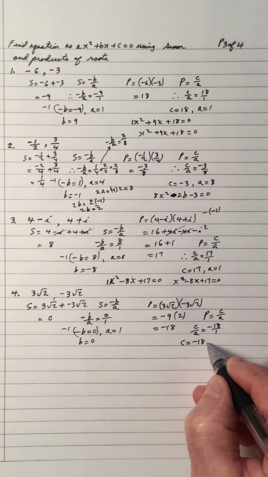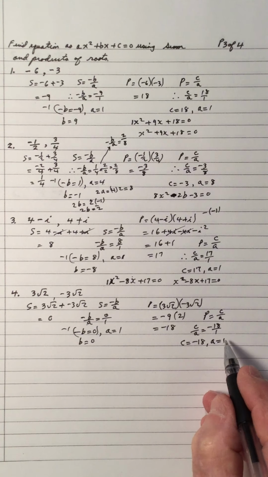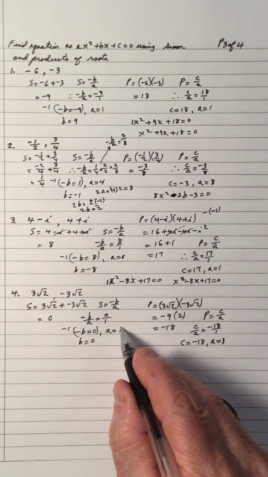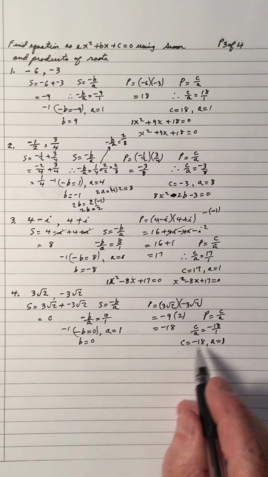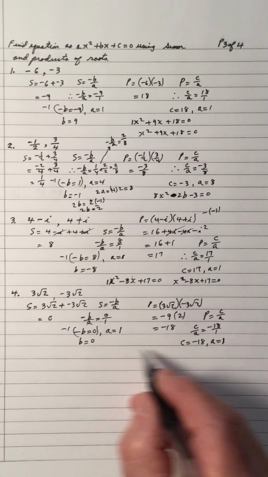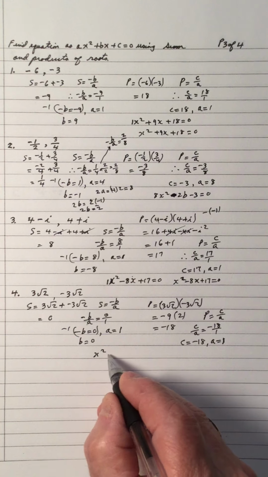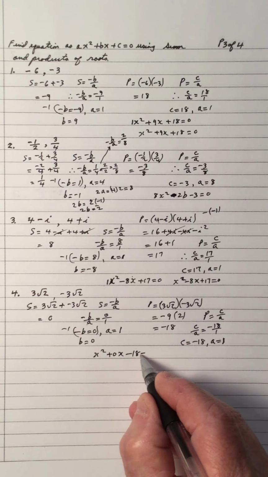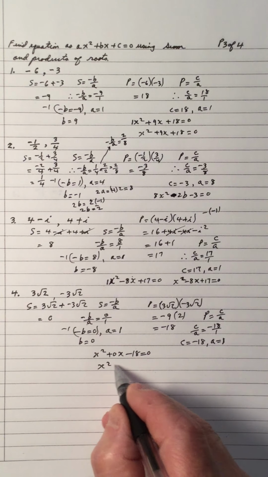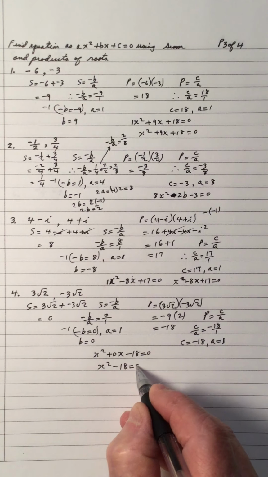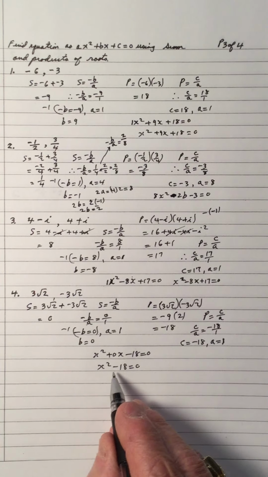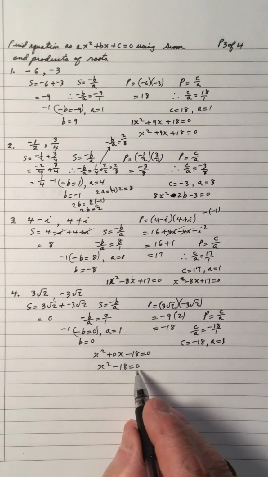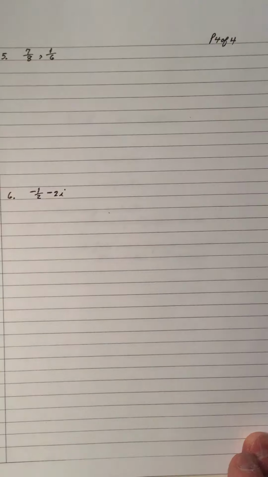C is negative 18. A is 1. A is 1 here and 1 here. So everything is okay. So a is 1. So it's x squared. B is 0. C is negative 18. So x squared minus 18 equals 0. And let's continue. More practice.